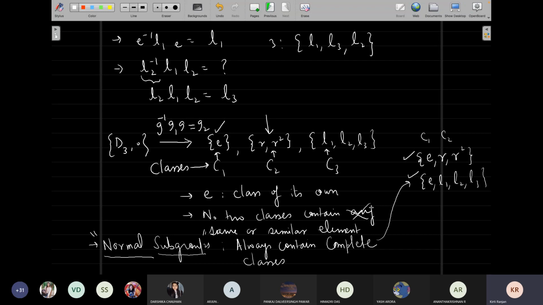So this is something interesting about normal subgroups, which thus far we were studying from the point of view of cosets, that the left coset is equal to the right coset.